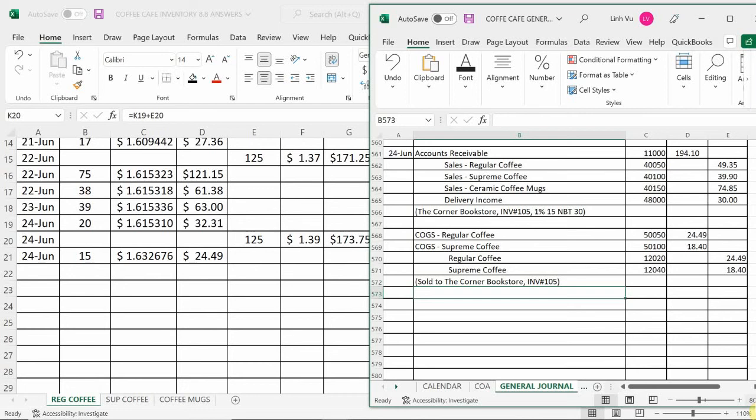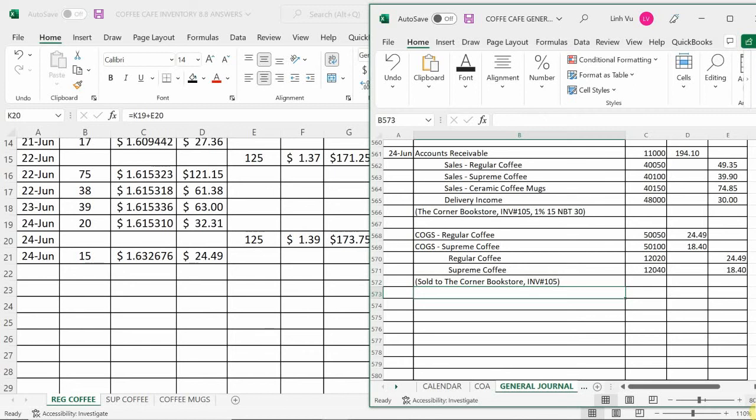Okay, so now that I journalized the cost of goods sold, what do I need to do now? Okay, we're good. Nope, we got one more. We only calculated the cost of goods sold.